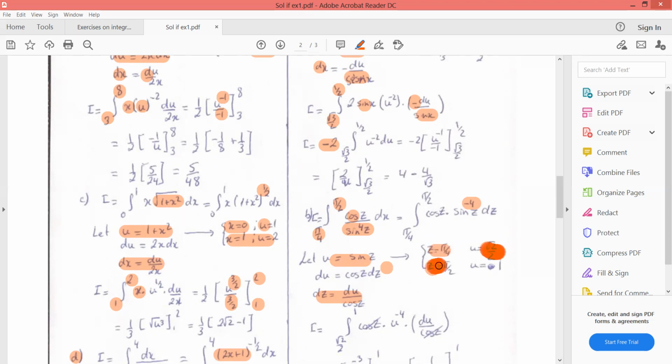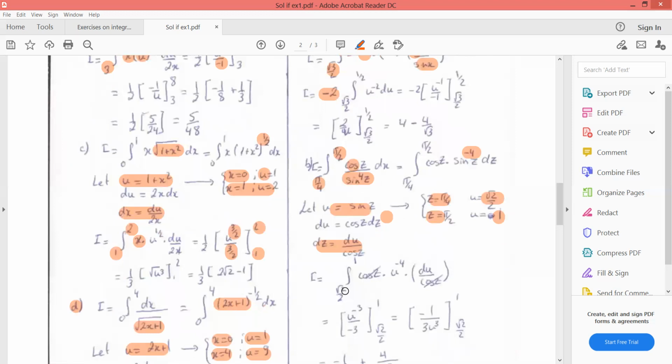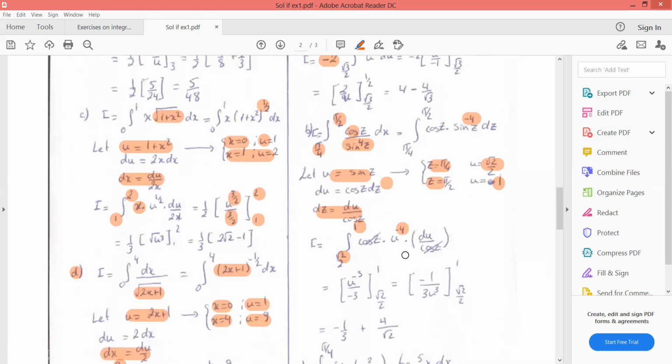Sine pi over 2 is 1. Then I equals integral from radical 2 over 2 to 1, cosine z u power minus 4 du over cosine z. Cosine and cosine simplify. We add the power by 1. Minus 4 plus 1 we get minus 3 over minus 3. Bringing the power down, we get minus 1 over 3u cube, f of b minus f of a.